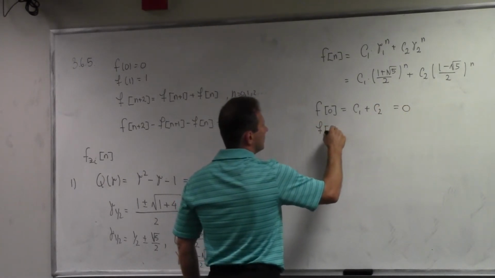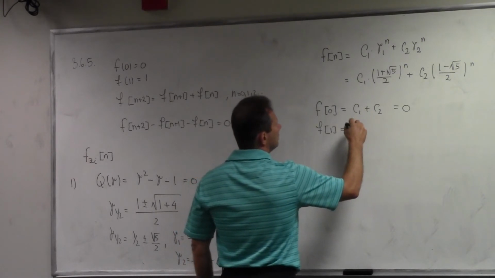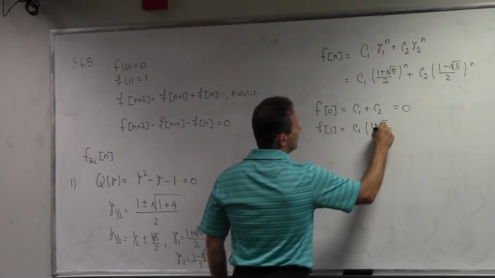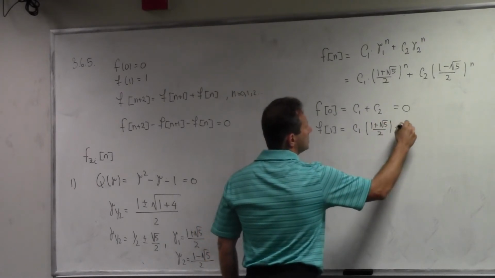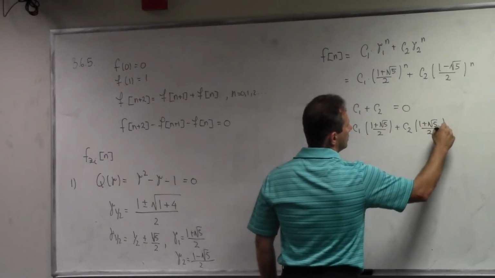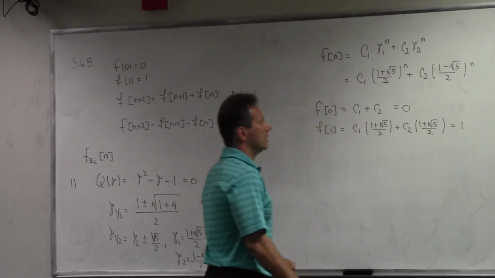F of 1 is going to be C1 times (1 plus square root of 5 over 2), plus C2 times (1 minus square root of 5 over 2), and that has to be equal to 1.